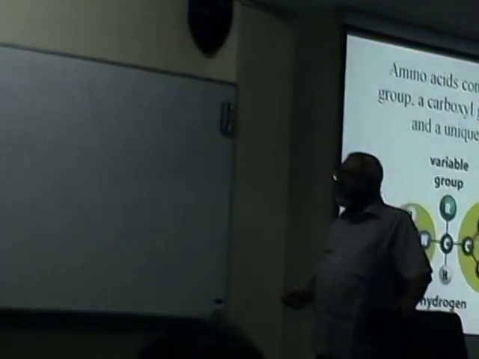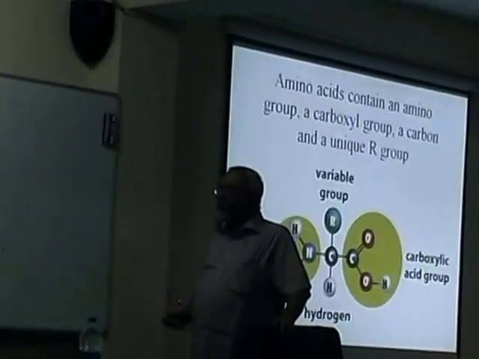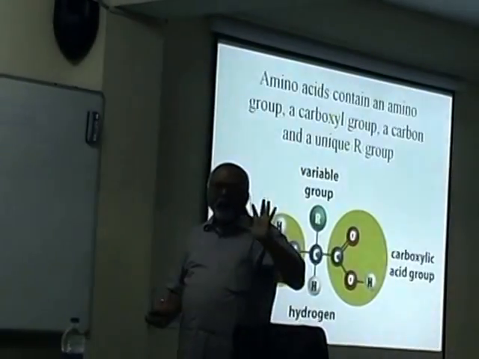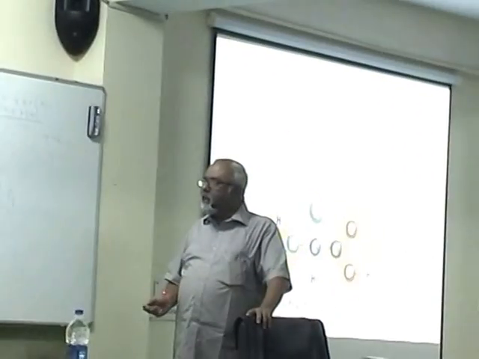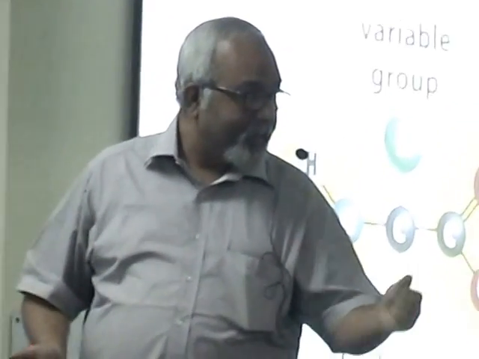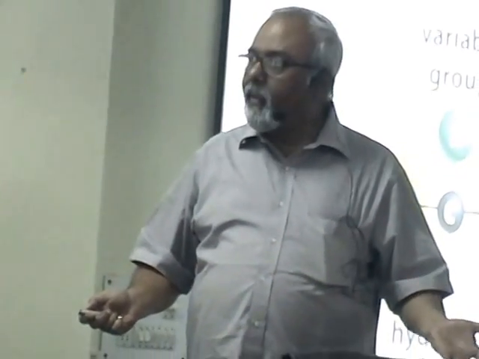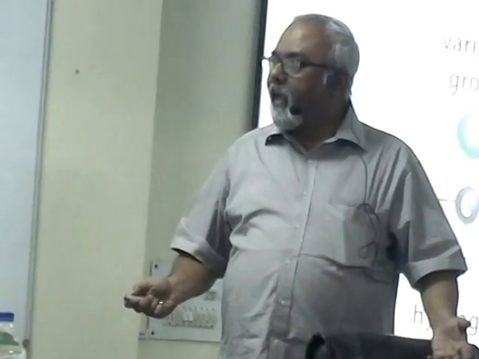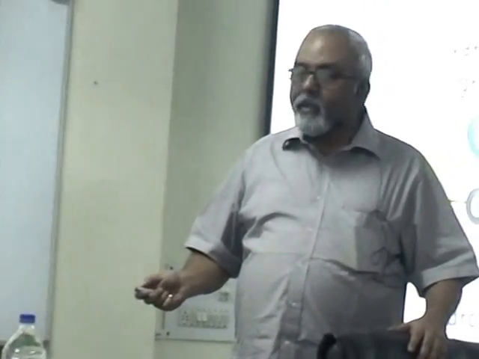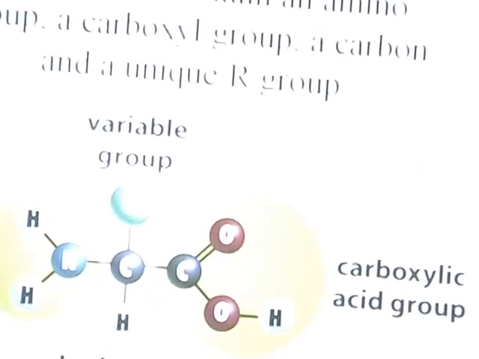On the alpha carbon there is one R and one hydrogen. This is how an amino acid looks. You can immediately make out that this carbon is asymmetric, because four different things are attached to it: amino, carboxylic, hydrogen, and something else. When this R is also hydrogen, it becomes the simplest amino acid, called glycine.